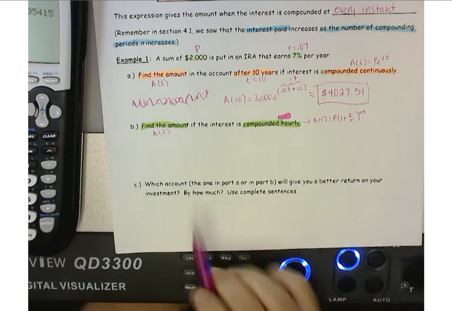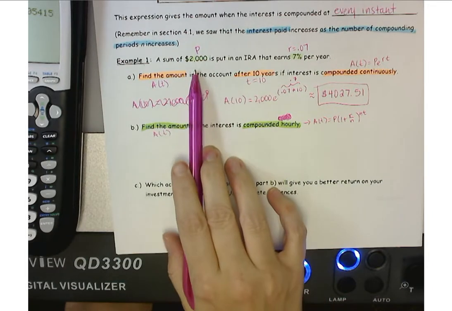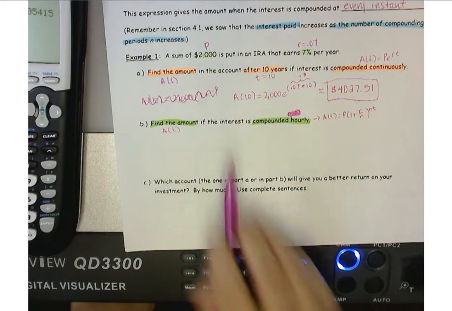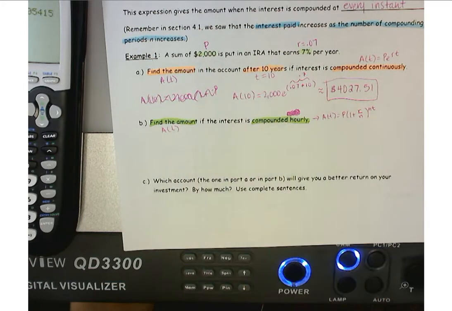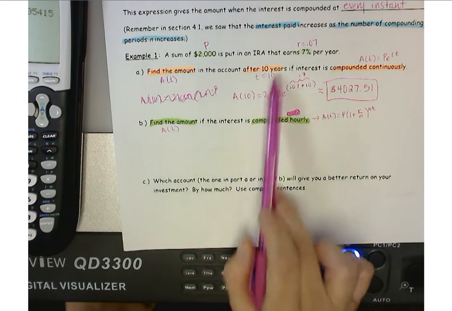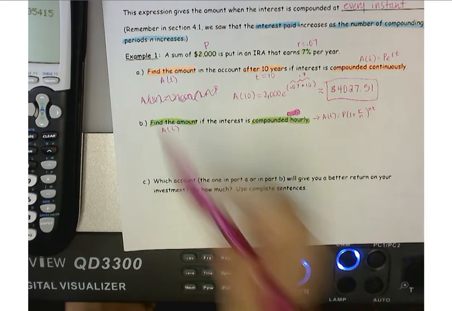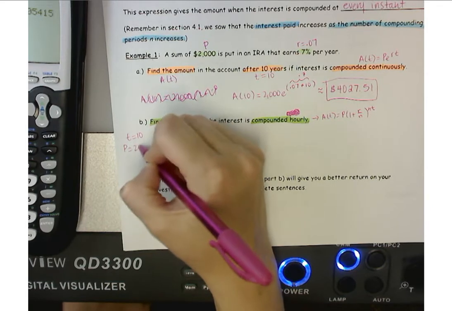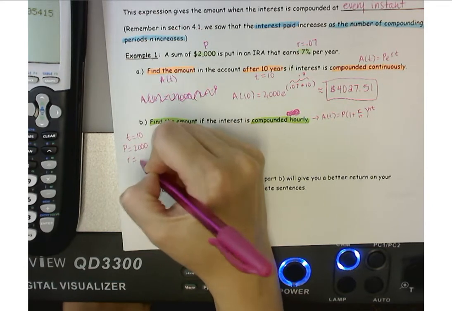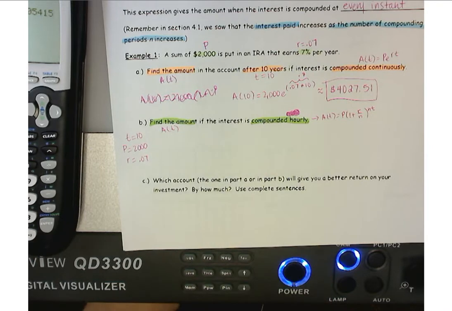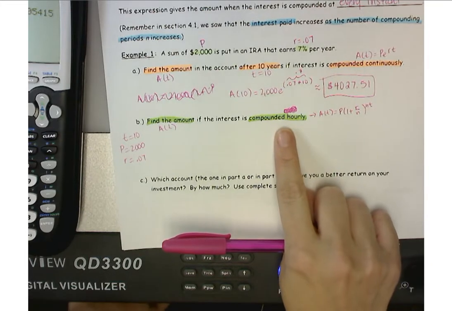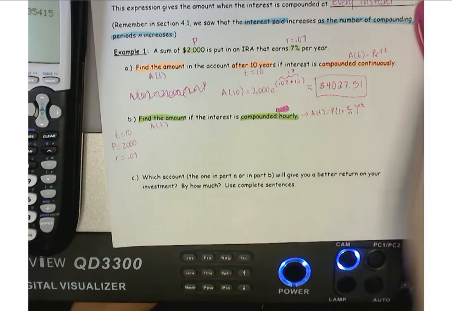Now, whatever you used in part A, this is going to stay the same. So your principal is still 2,000, your rate is still 0.07, and we're still going to use the 10 years to compare it. Okay, so your t is 10, your P is 2,000, your rate is 0.07. Now, if it's compounded hourly, to find the value of n, what is the question I have to answer?